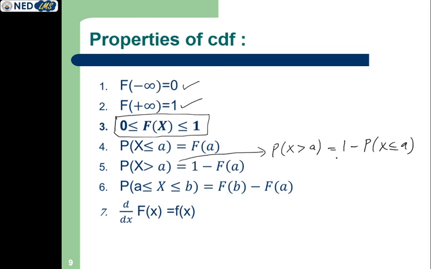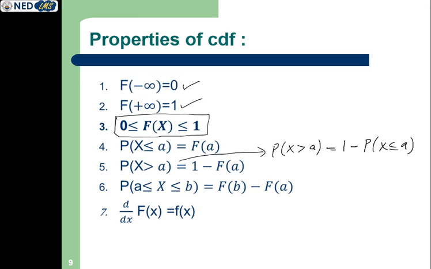First of all, take 1 minus. If we are going to find a greater than probability, then take 1 minus probability X less than or equal to a. So this is what we have with the cumulative distribution function.